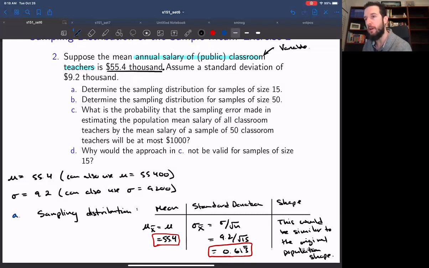I'll come back to this point in a little bit and actually illustrate what this looks like, but the key point is that the shape will be similar to the original population because we do not have a large enough sample size for the central limit theorem to take over. Any questions? We don't know. I was saying hypothetically, if the population was right skewed, then the sampling distribution here would also be right skewed.